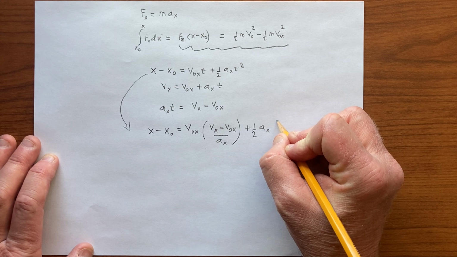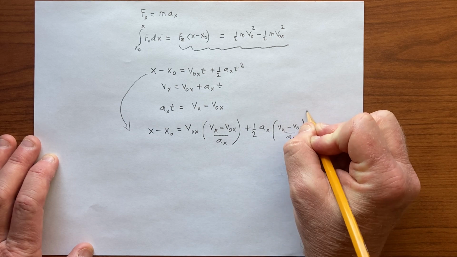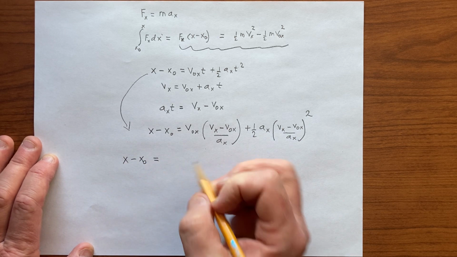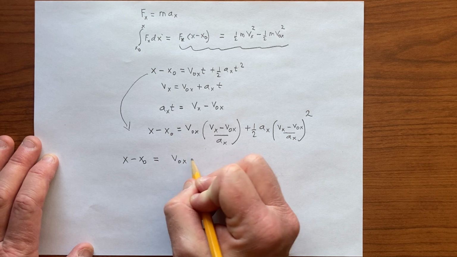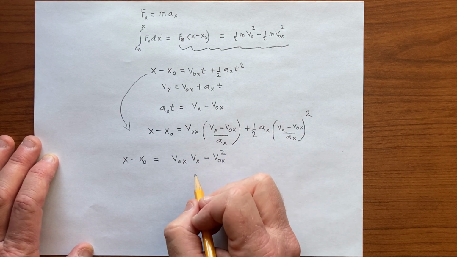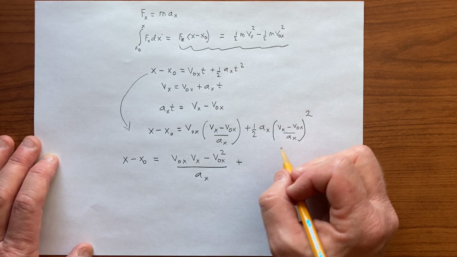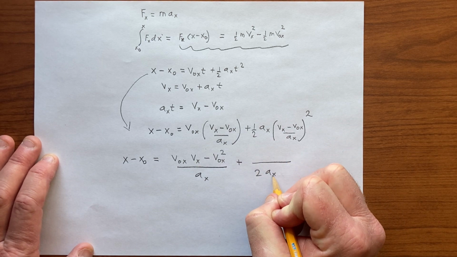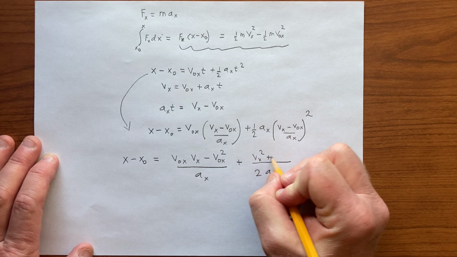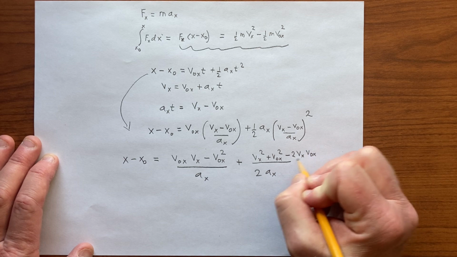So we're going to square this quantity, vx minus v naught x over ax, and here therefore we get x minus x naught is equal to v naught x times vx minus v naught x, all over ax, plus, I'm going to get 2ax here because of one factor of ax there, and I have vx squared plus v naught x squared minus 2 vx v naught x.